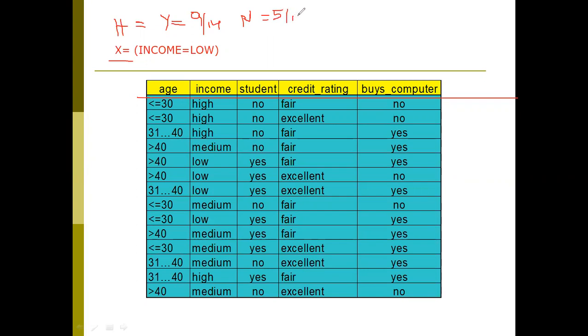This is the overall data set probabilities. Okay.